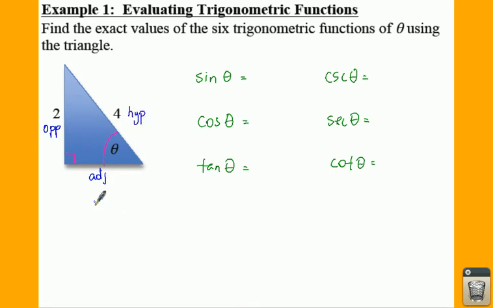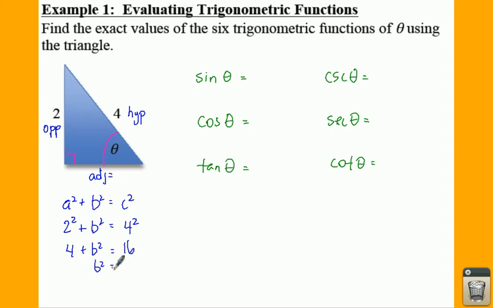So in order to figure out your adjacent side, we need to take a 2 squared. Sorry, let me review the Pythagorean theorem. That is, if you have a squared plus b squared equals c squared, and c is always your hypotenuse. So we're going to plug in a 2 for a. It doesn't matter if you plug in the 2 for a or b. And then we're going to have a 4 squared over here. So you get 4 plus b squared equals 16.